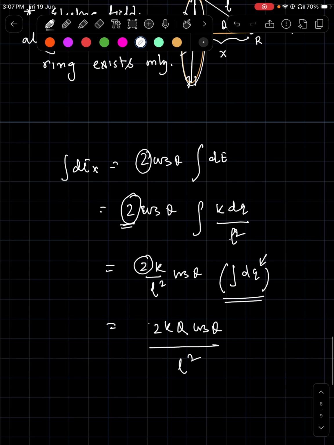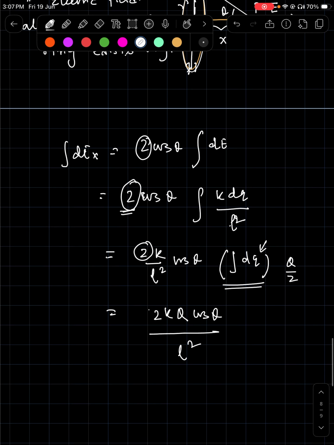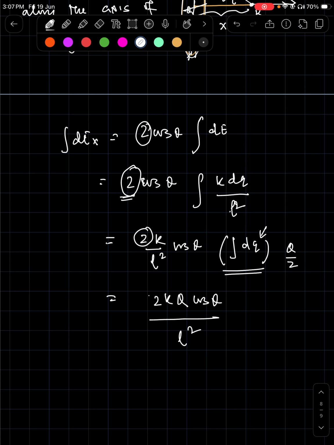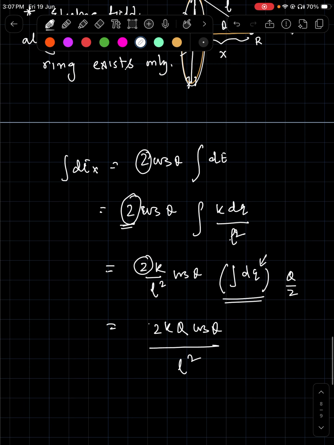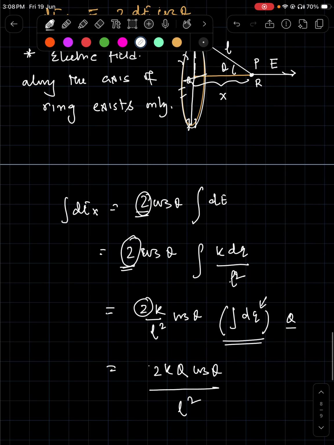That means we have to modify the dq to q by 2. So dq here is actually q by 2. Again, I'm going to explain this factor: why is it q by 2? Q is the total charge of the ring, and we have already taken the factor 2 outside, which counts the pairs.